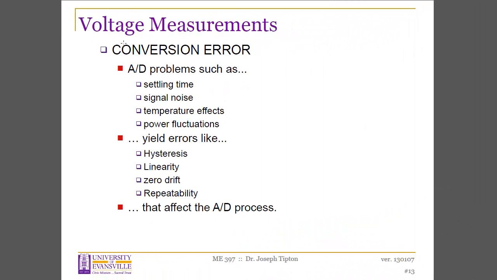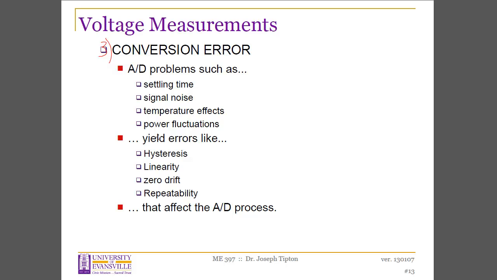And a third source of error in A to D measurements is conversion error. So analog to digital problems, error sources such as settling time, signal noise, temperature effects as extraneous variables, also power fluctuations.